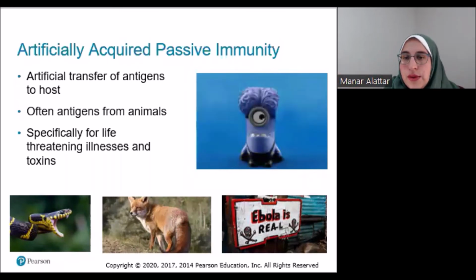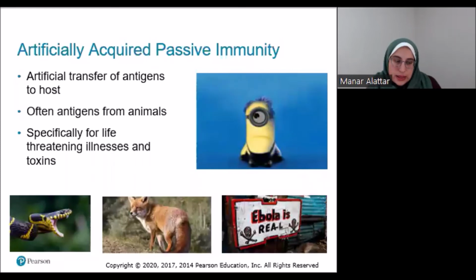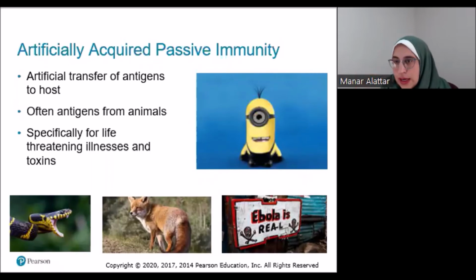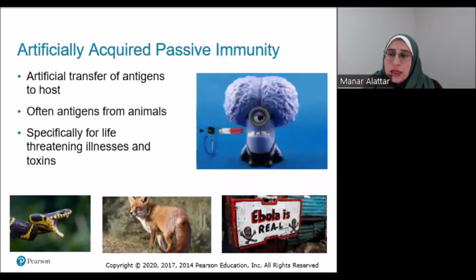This is when there is a toxin or an infection that is life-threatening, and you immediately need to take antibodies from another host and put them into the newly infected host.